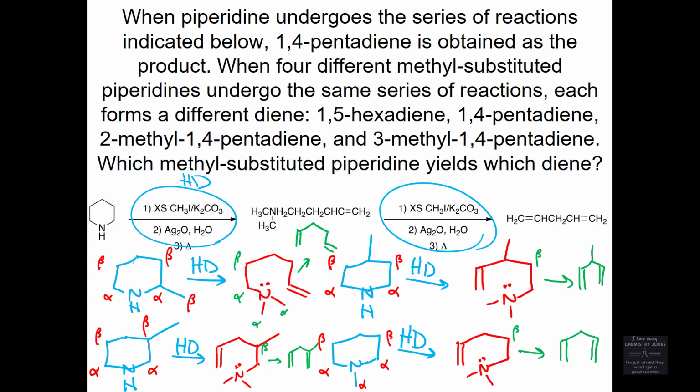So apparently, let's see if we can highlight legibly. 1,5-hexadiene. That's this one that made 1,5-hexadiene. 1,4-pentadiene. That's this one that made 1,4-pentadiene. I'm out of light colors. Maybe we can tell. 2-methyl-1,4-pentadiene.